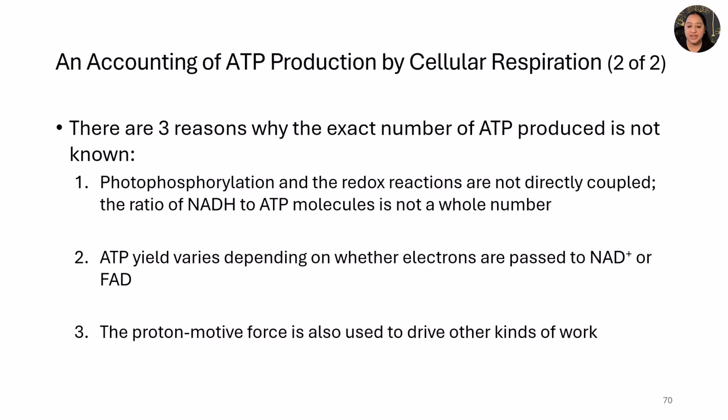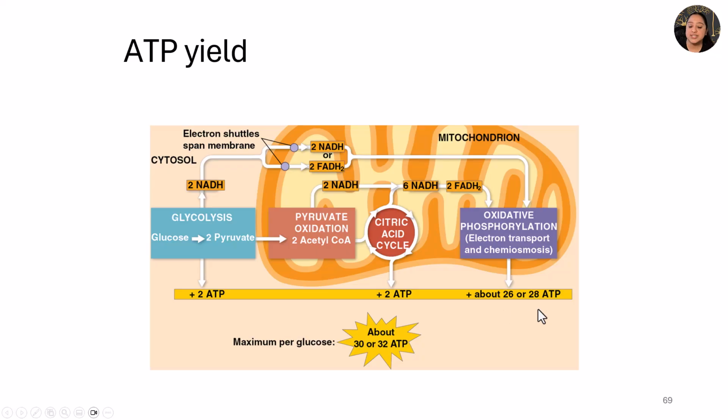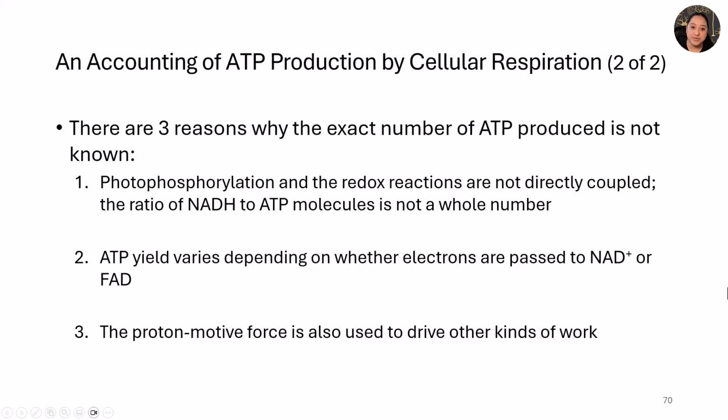If you're wondering, what do you mean either 26 or 28 ATP? Either 30 or 32 ATP? There are three reasons why the exact number of ATP produced is not known. One, phosphorylation and the redox reactions aren't directly coupled, so the ratio of NADH to ATP molecules is not a whole number.